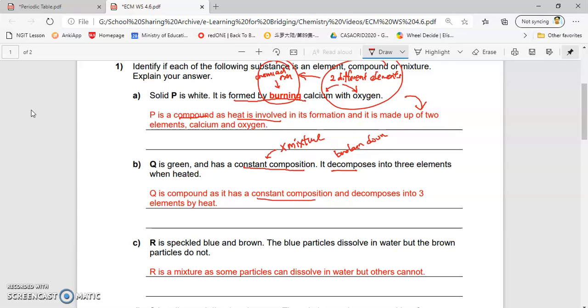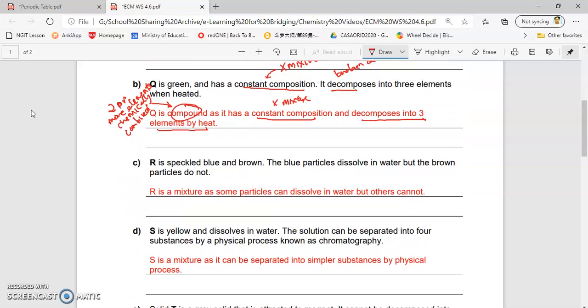So first thing, constant composition means that it is not a mixture because it can decompose into three elements by heat. Okay, we know that it is a compound because a compound consists of two or more elements chemically combined. So do take note of this detail here.